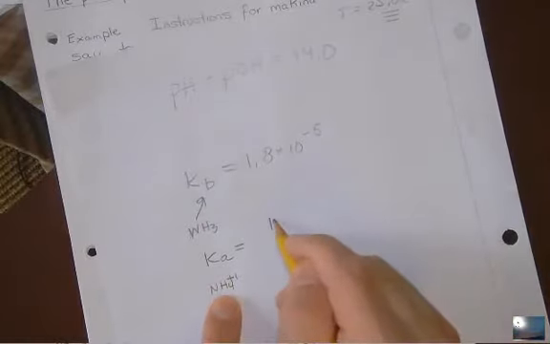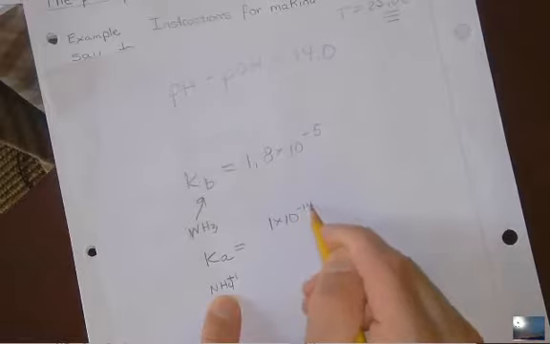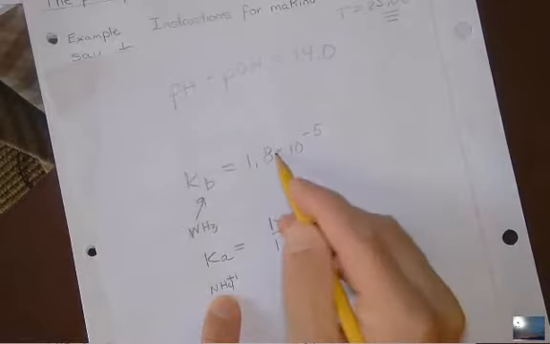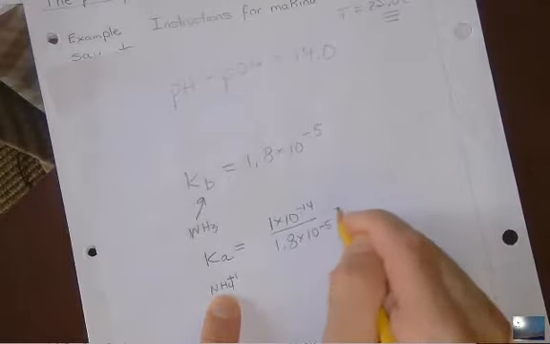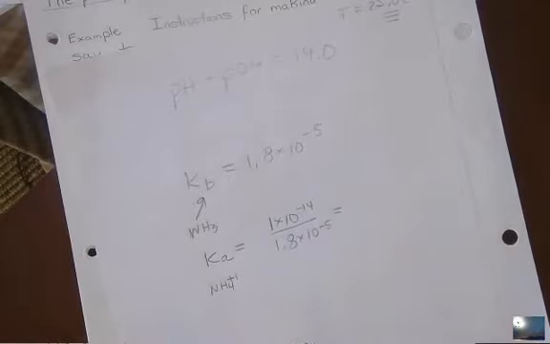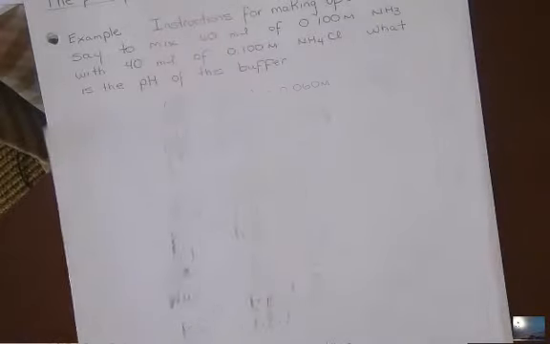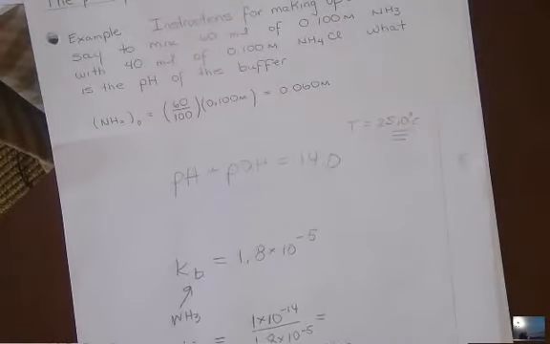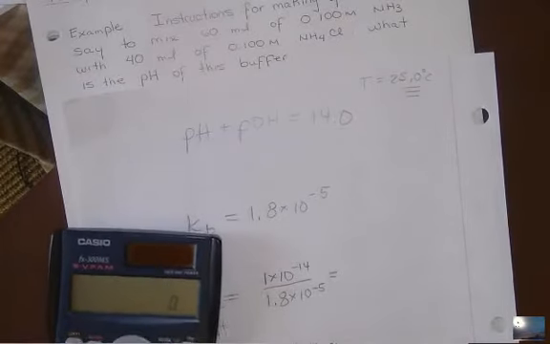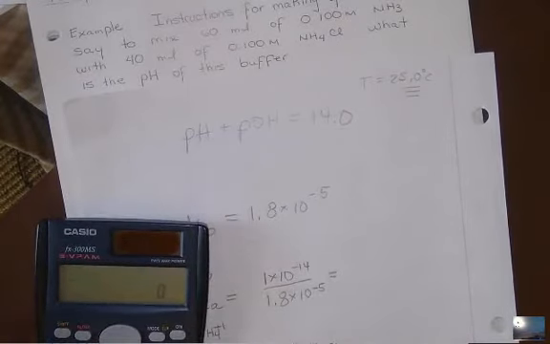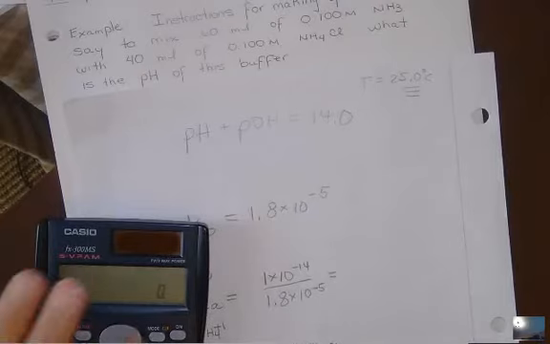Well, that's Kw over Kb. All right, so this is going to be around 10 to the minus 9, so much weaker. All right, so let me do that for you. I have my calculator someplace. Okay. All right, so parentheses. Oops, sorry.